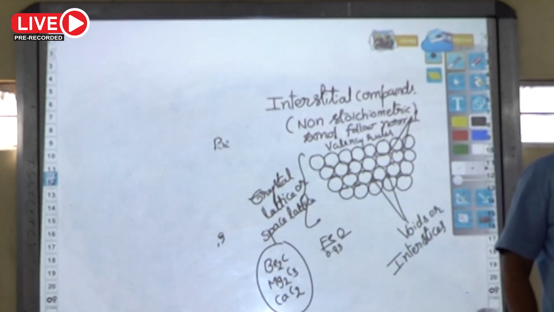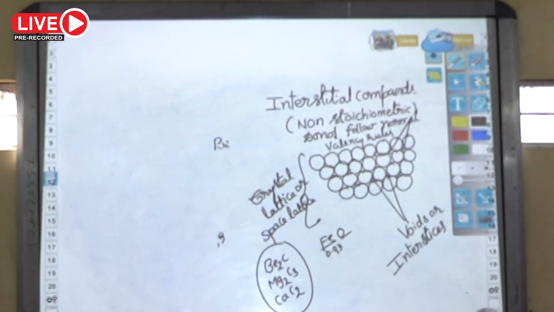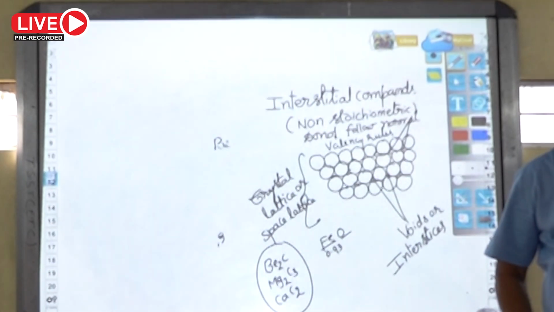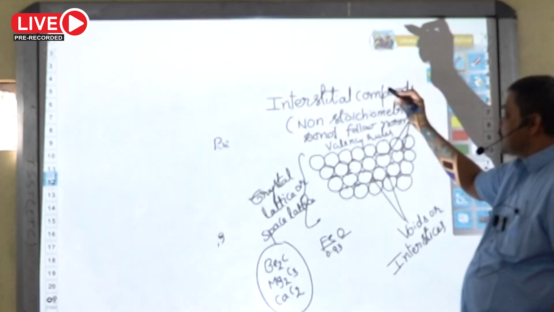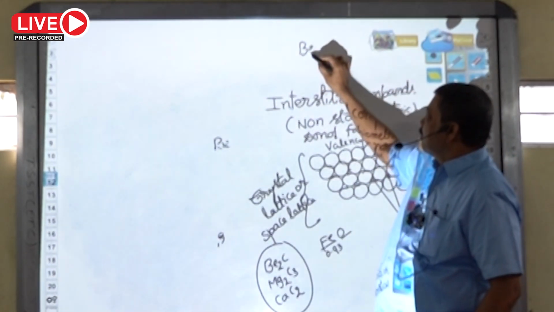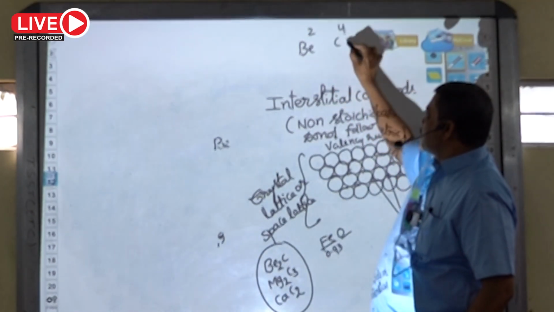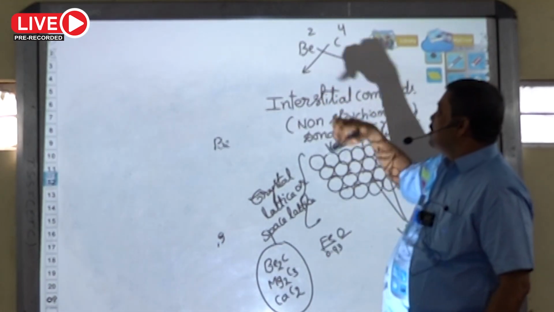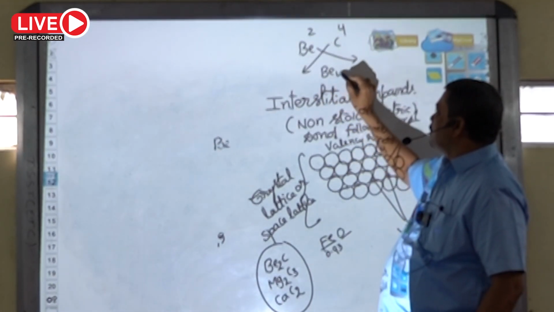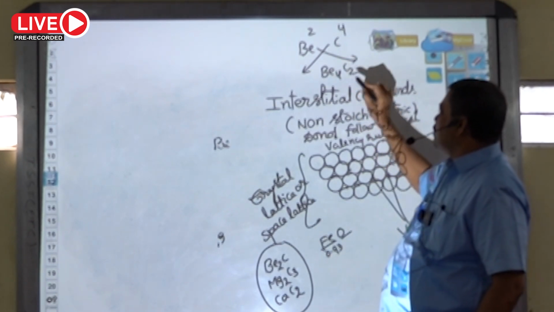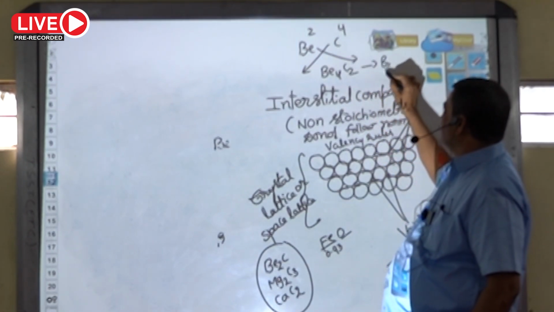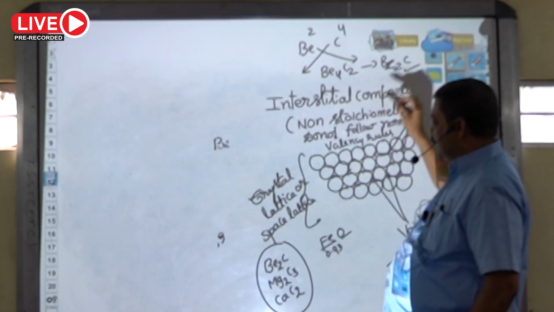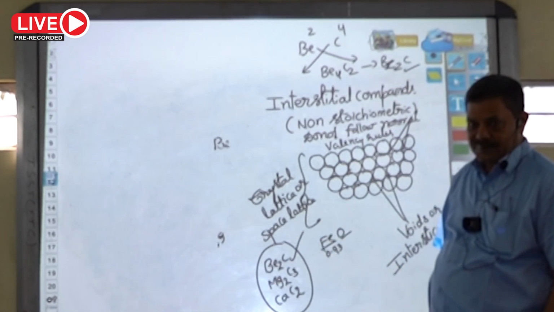Within the second group, with carbon, the valence of second group elements is fixed. How much is it? 2. So when the second group element's valence is fixed and carbon's valence is fixed, it should be Be4C2 or Be2C. It is obeying the normal valency rule.